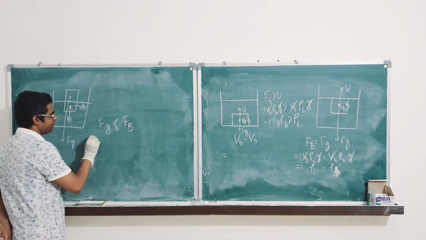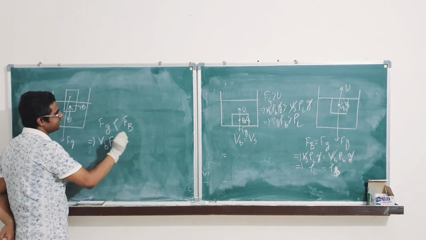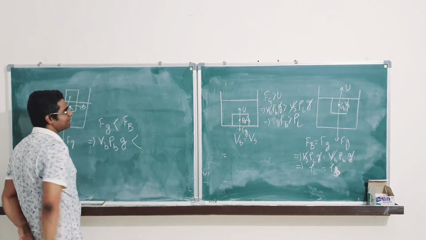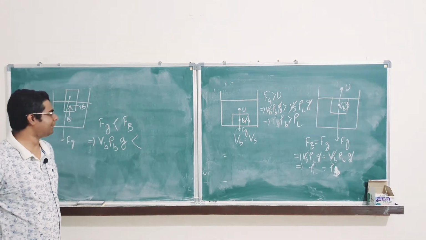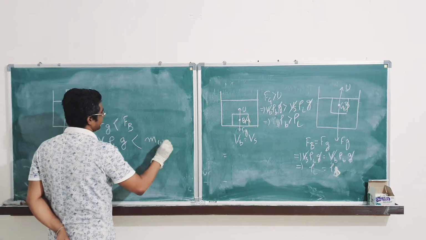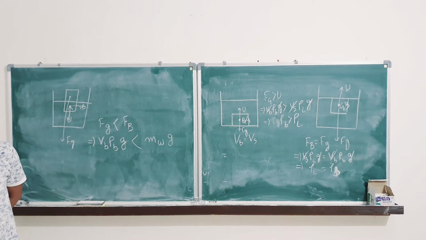So Fg is Vb rho b g, ठीक है, and what is upthrust at this moment? Upthrust is nothing but mass of water into g. This one we know, ठीक है.